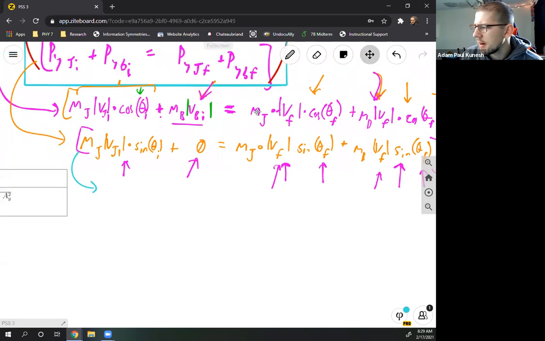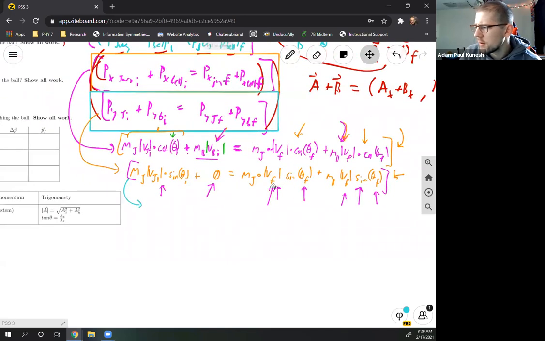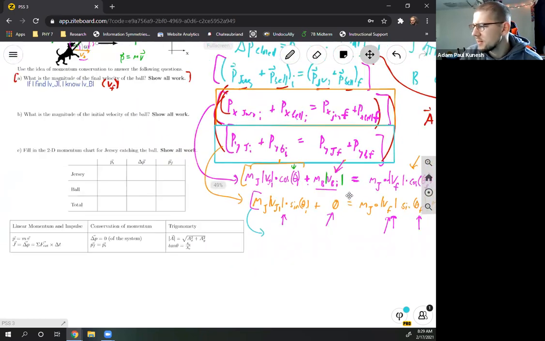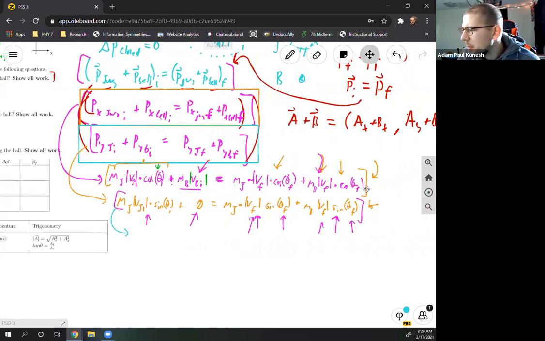I should probably pause for a second and ask before I go on for more questions. A lot of this was just algebra, so if you've already got a question, please do keep typing it, but I'll just say what I did recently, which is I used the momentum conservation equations in X and Y, and then I assessed which one had fewer unknowns, or if there was one that only had one unknown. Because the upper equation contained two things I don't know, namely the initial magnitude of the ball's velocity and the final magnitude of the ball's velocity, I decided this one wouldn't work.